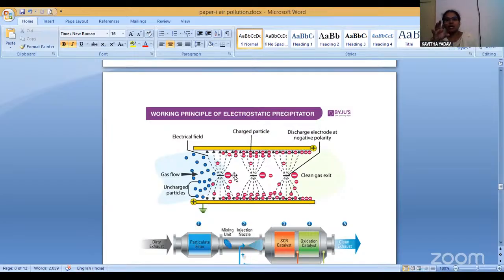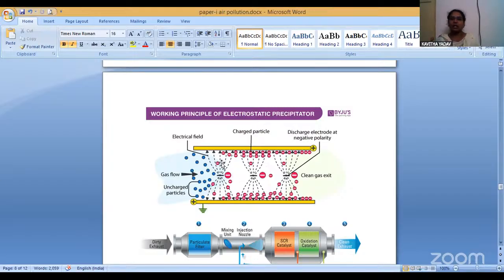First we create that electric field, and then we are going to enter the gas. So what type of gas are we going to flow through this tube-like structure? The electrostatic precipitator deals with chemical gases.